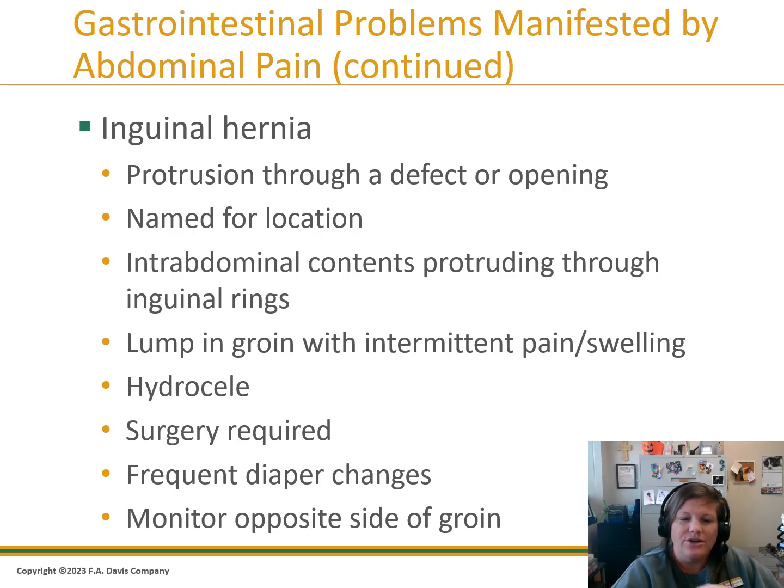But hydrocele is something that can be confused or mistaken for an inguinal hernia. But they are different things. It's similar in that it's a lump or a growth almost, but different substances, because hydrocele is fluid and the inguinal hernia is intra-abdominal contents, it's tissues. So it does require surgery to have this removed.